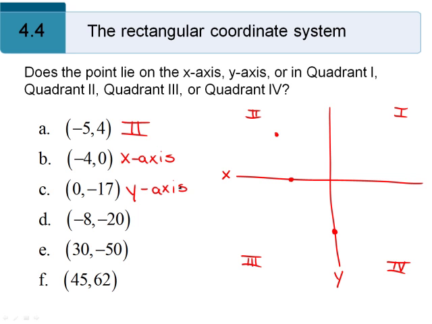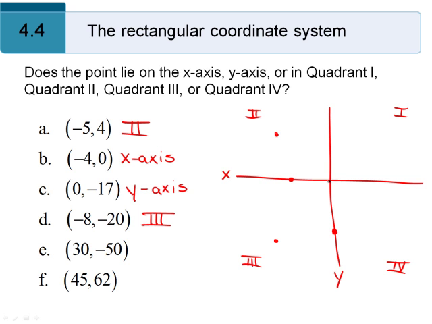That type of stuff. So look at letter D, (-8, -20). So you're going to have to go to the left some for -8, and then you go down to -20. So it's going to be down here in quadrant 3. And now letter E, (30, -50).